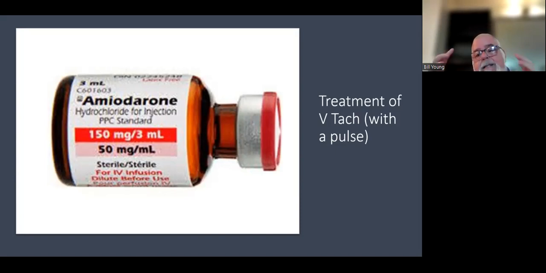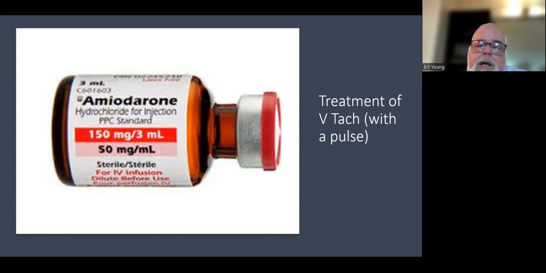It increases that absolute refractory period that makes it less likely that you're going to have a potential R on T, and it raises the level of difficulty for our patients that are going to be having PVCs that can have an increased rate on our R on Ts.